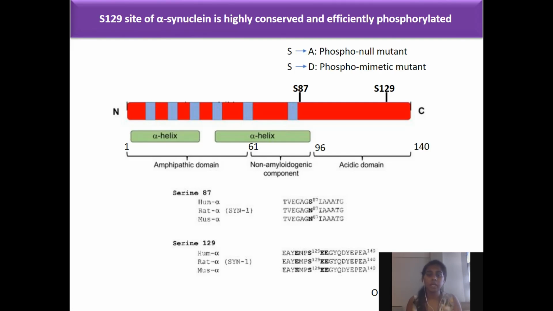To study how phosphorylation contributes, we mutated the serines to either an alanine, which prevents phosphorylation, making a phosphonull mutant, or to an aspartate, making a phosphomimetic mutant, which is classically shown to mimic phosphorylation.